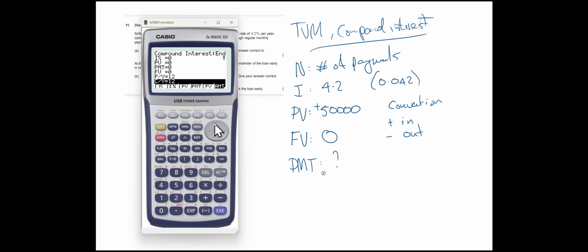So the interest is calculated, and what it's going to do is take that 4.2% and divide it by 12, and that's the amount that it's going to charge each month. The headline interest rate is always going to be annual, but then your calculator is going to convert it to monthly.